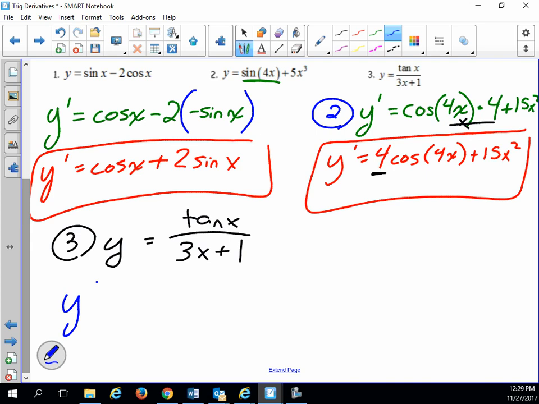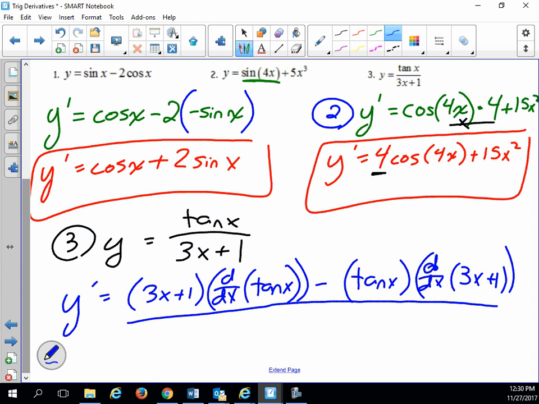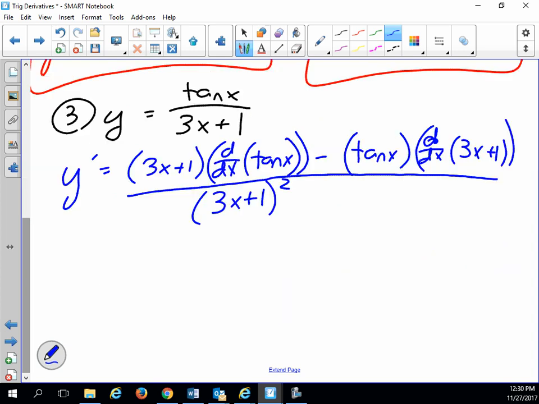So quotient rule says low d high minus high d low all over the low. Now you'll notice that as I wrote this, I didn't actually take any derivatives.